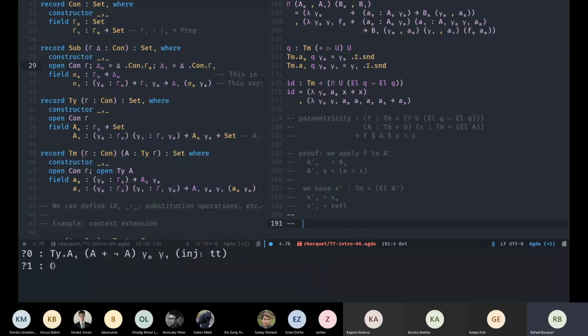And the second component of f A prime x prime will be a proof of A prime 1 x prime 0, and this is a proof of x is equal to this.